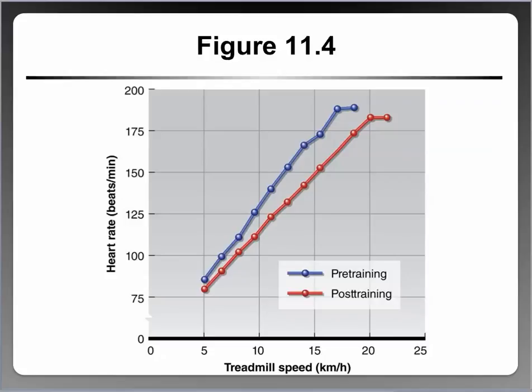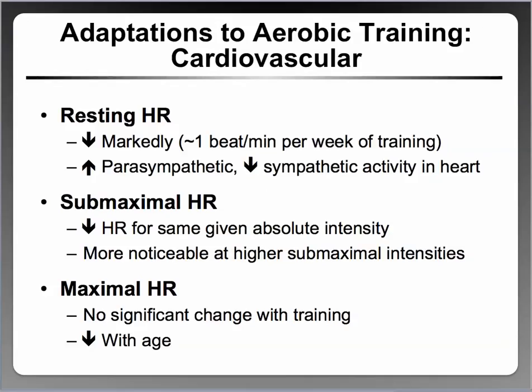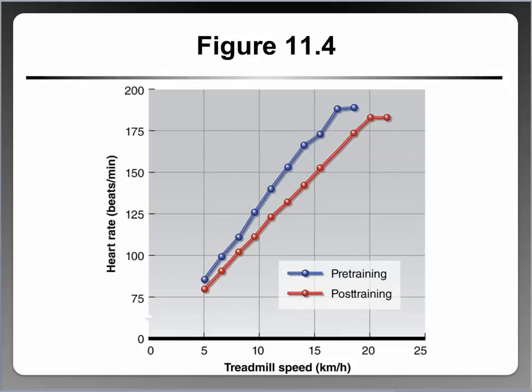For each absolute intensity, it's going to be lower, and it is more noticeable. There's a greater difference at your so-called higher submaximal intensities. If we go back to this figure, you can see the gap widening post-training at your higher running speeds.